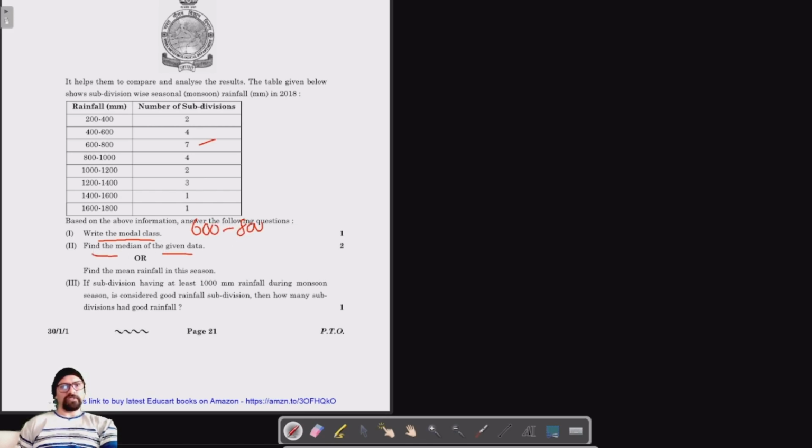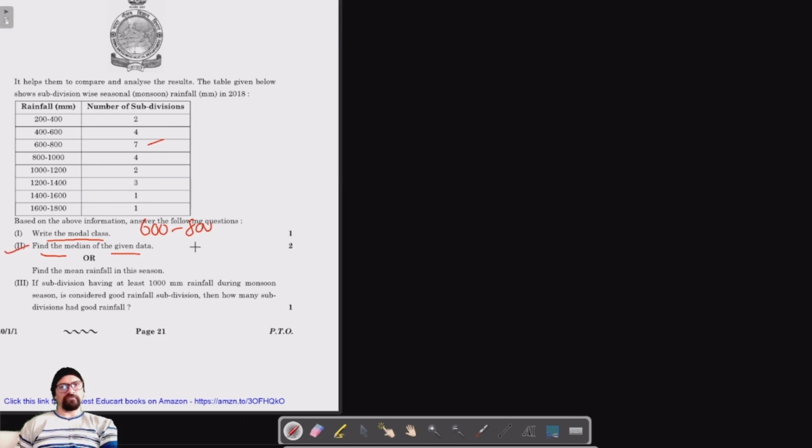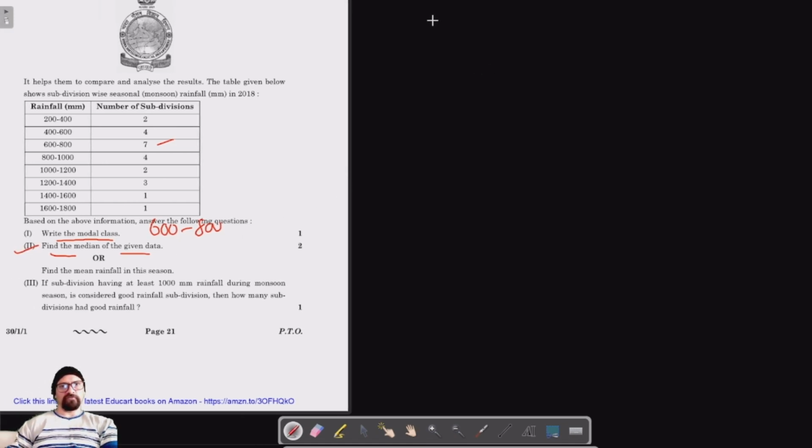Now we have to find the median of the given data. So for finding the median, let me find out the cumulative frequency first.